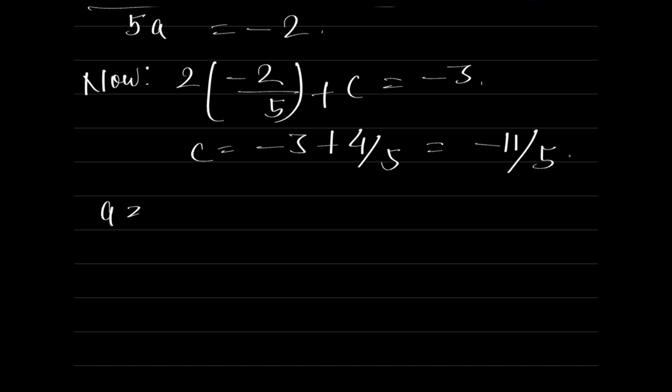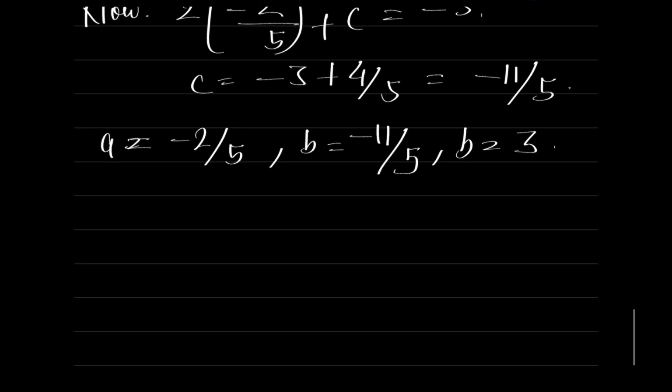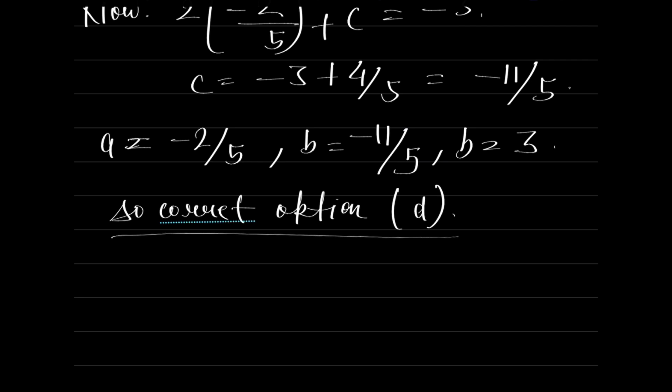Now finally we have the A value as -2/5, the C value as -11/5 and the B value as 3. So the correct option is D. The correct option in this problem is D.